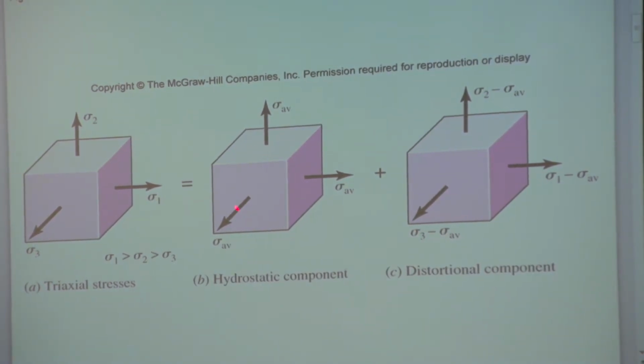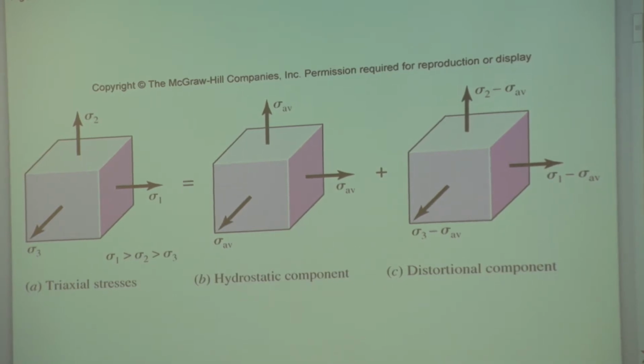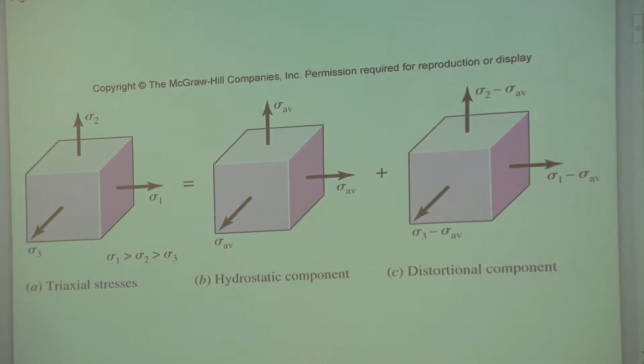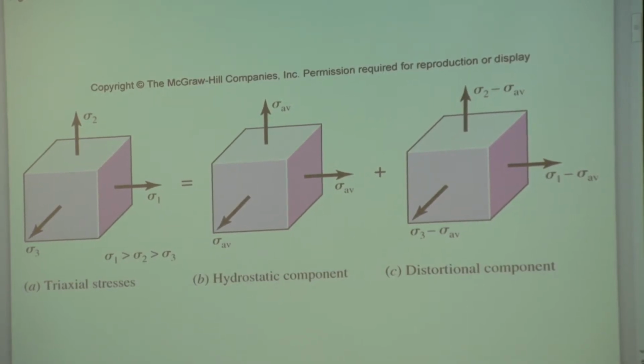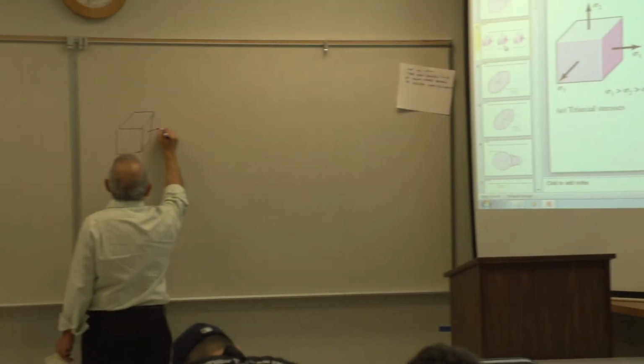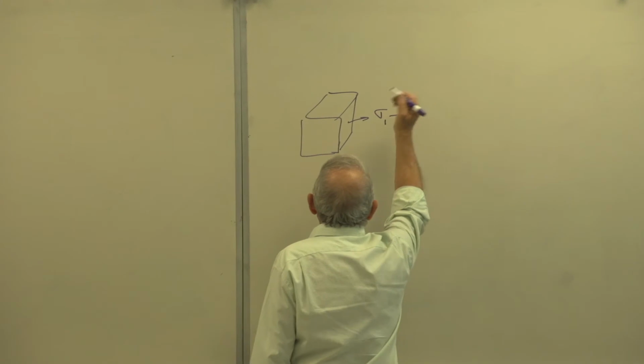So if this produces all of the volume change, that must produce all of the shape change. The volume change due to this state of stress must be 0, therefore. So we calculate the volume change here and set it equal to 0. Now your book says, well, take my word for it, it's sigma average. We don't know if it's sigma average. We want to prove that it is sigma average. So we say, okay, rather than calling this sigma average, I'm going to call it just sigma, plain old sigma.